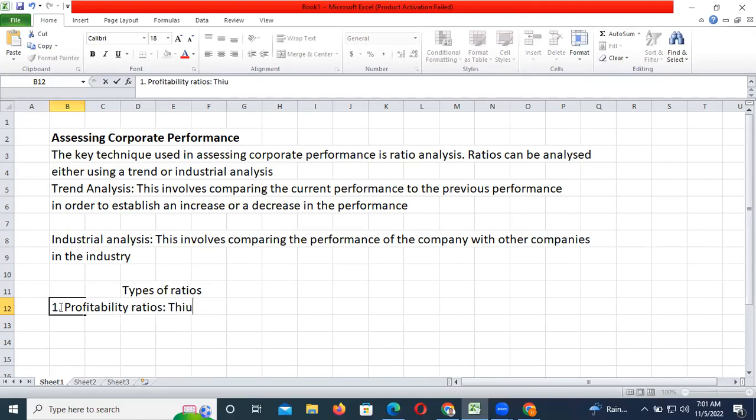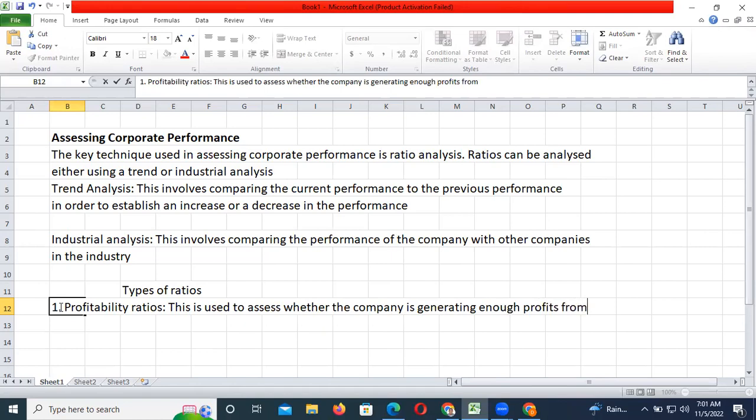So you can say that this is used to assess whether the company is generating enough profits from operations.